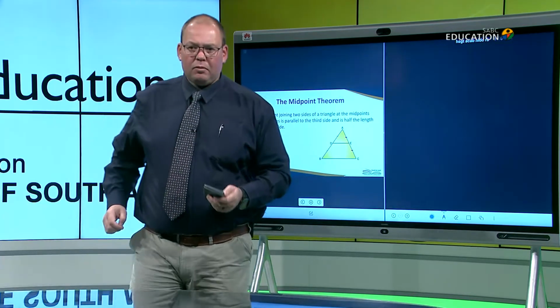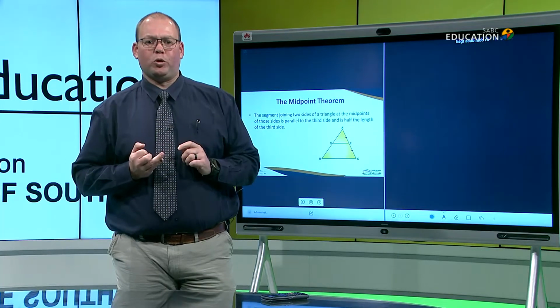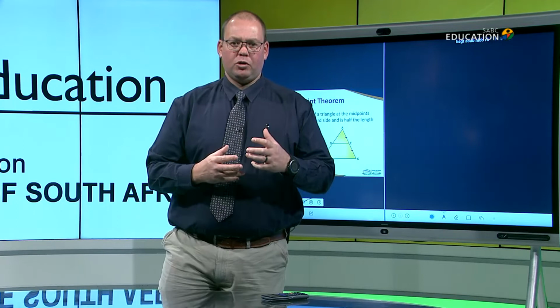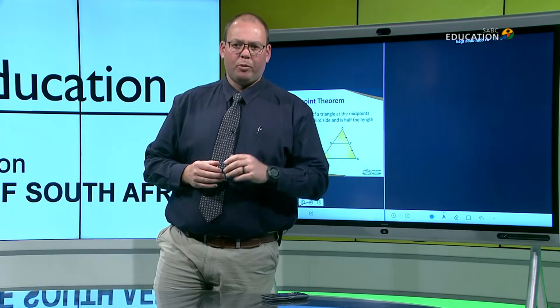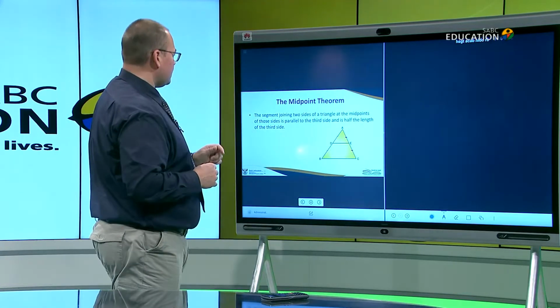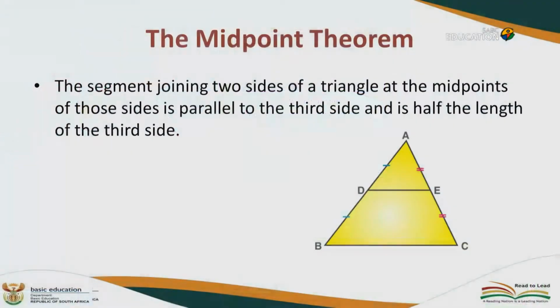All right, so now we've done similarity, we've done proportion. Now I want to show you another rule that we use when lines are parallel in a triangle, and that's called the midpoint theorem. The midpoint theorem states the segment joining two sides of a triangle at the midpoints of those sides is parallel to the third side and is half the length of the third side.